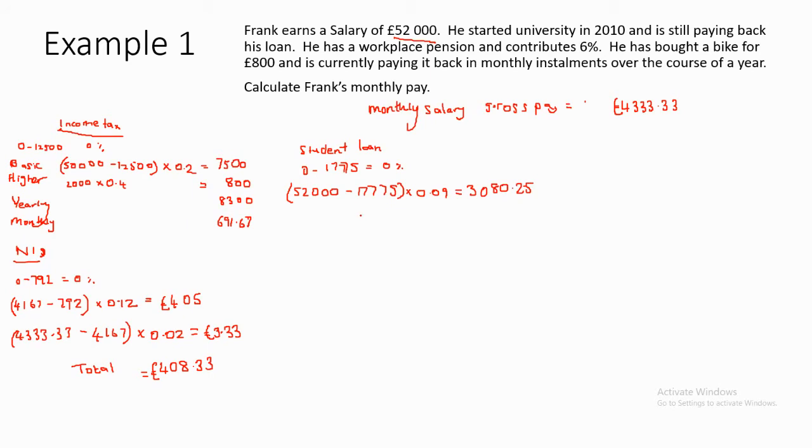However, that's yearly, so monthly divided by 12, 256.69.